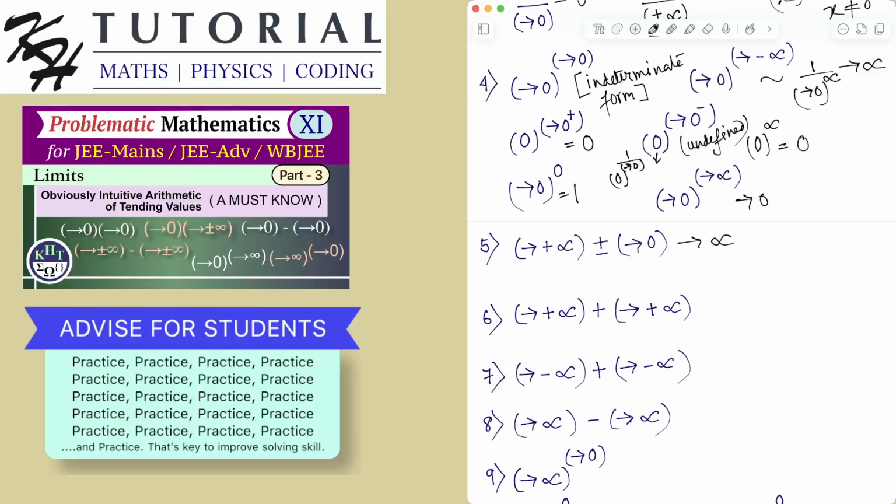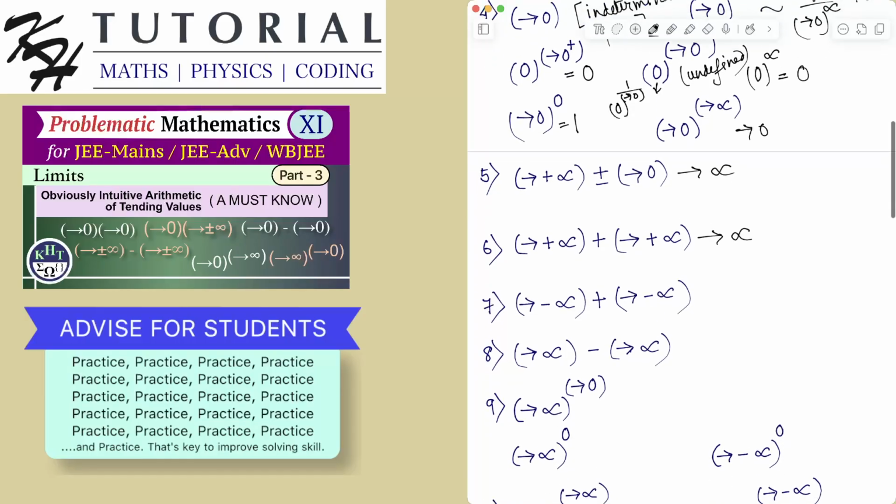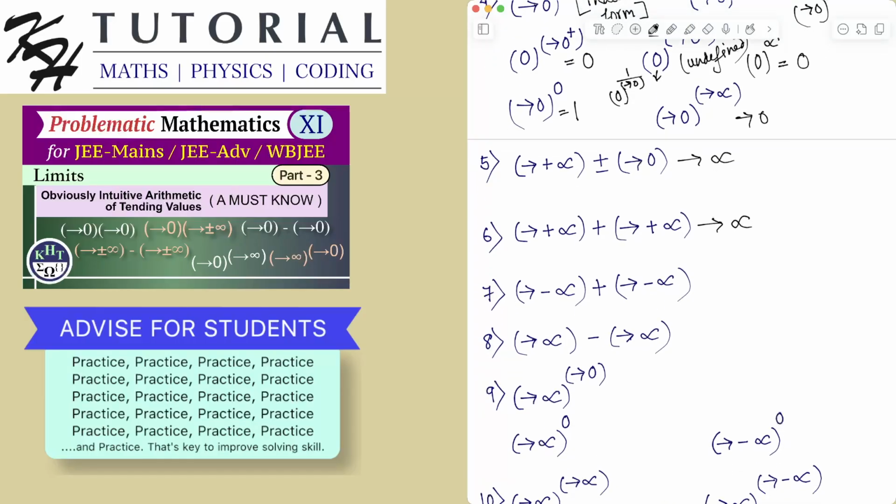This is easy. Infinity plus infinity will tend to infinity. I mean, tend to infinity or equal to infinity, they mean the same thing. Now minus infinity plus minus infinity will be equal to minus infinity.